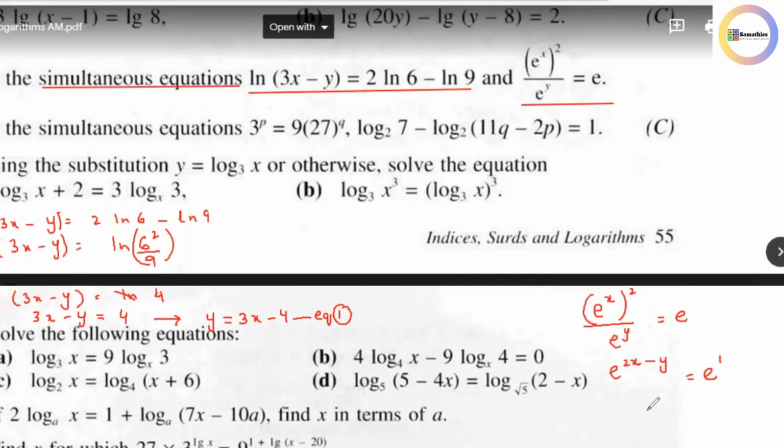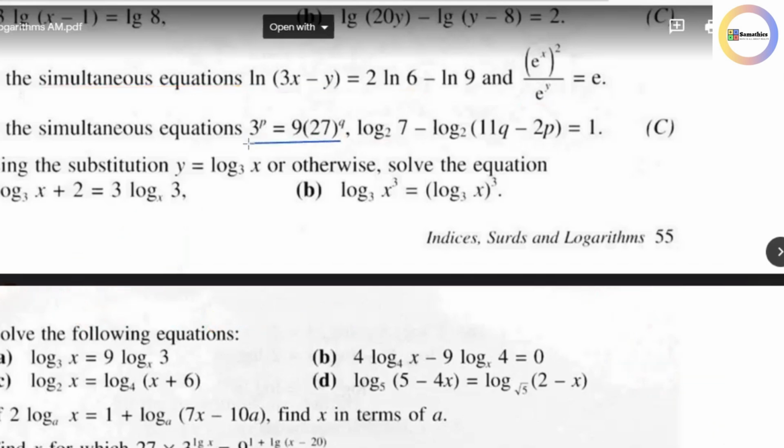So we have 2x minus y is equal to 1. Now we have the same bases, so we can equate the powers: 2x minus y is equal to 1, and then 2x minus 1 is equal to y. This is the second equation.